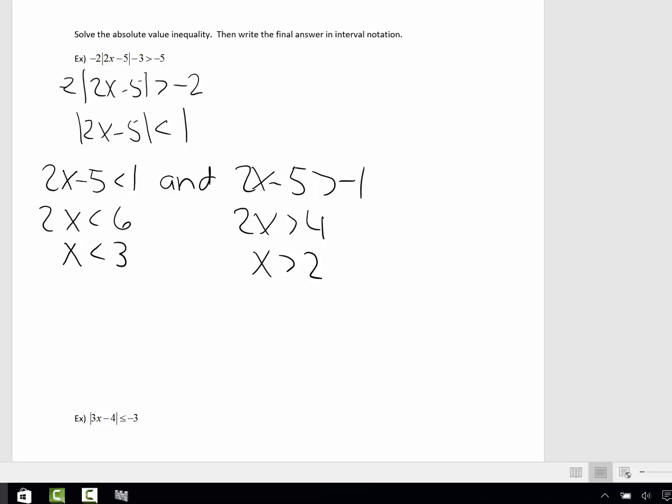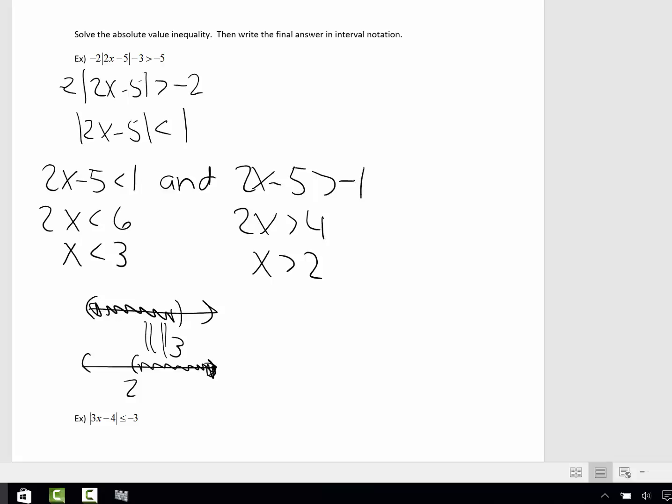All right, let's graph each inequality. Now remember, again, it's where they overlap. So it's this region here.